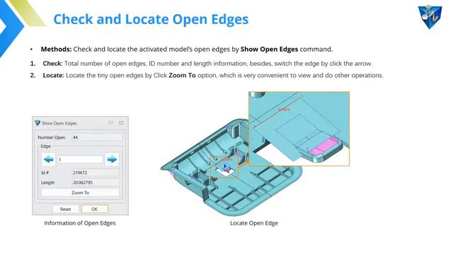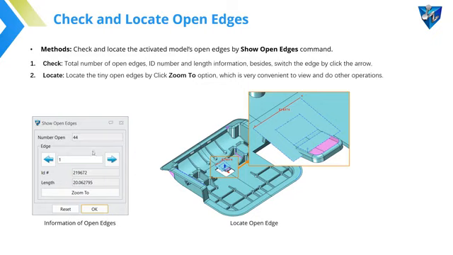Alright, now let's check and locate open edges. As we know, no matter where and what the broken area is, the broken area surely has open edges. Therefore, checking and locating the open edges will be an important work. So, in ZW3D, we have a function called show open edges, as shown in the picture below.